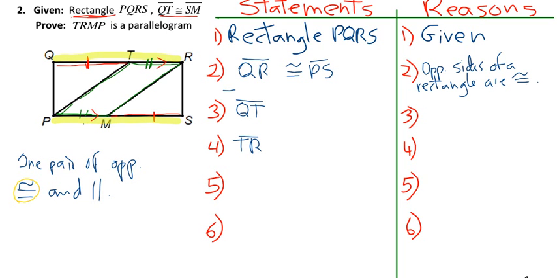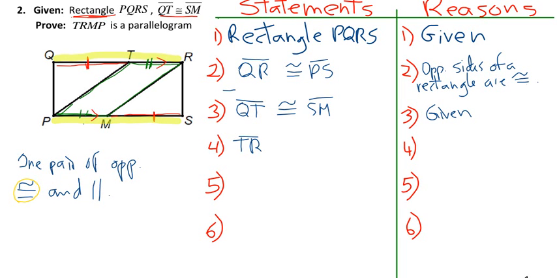And now, of course, I need to complete this statement. What is it that I'm going to subtract to PS? I'm going to subtract MS or SM. So here would be QT congruent to SM, which is the statement that I have here. QT congruent to SM. So the reason for number 3 is given.